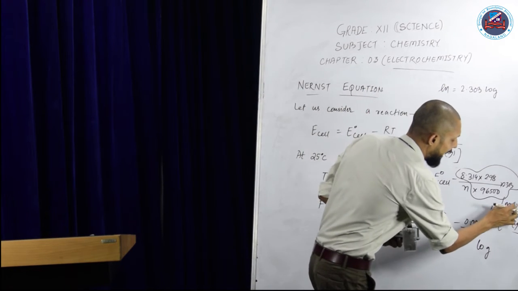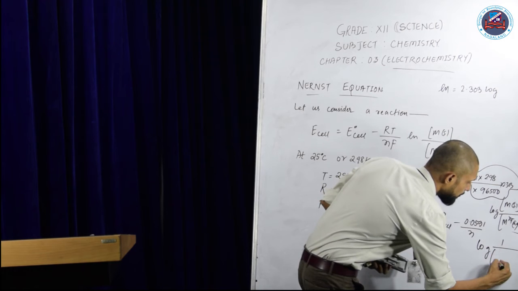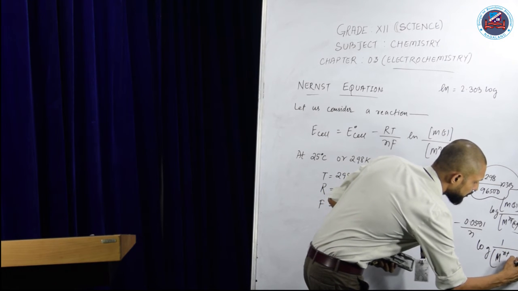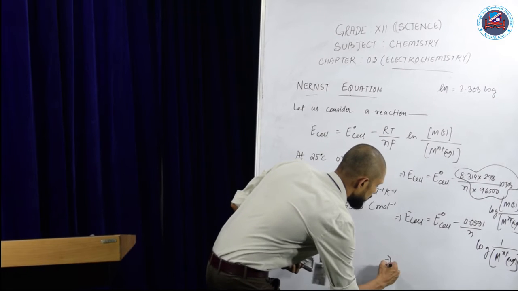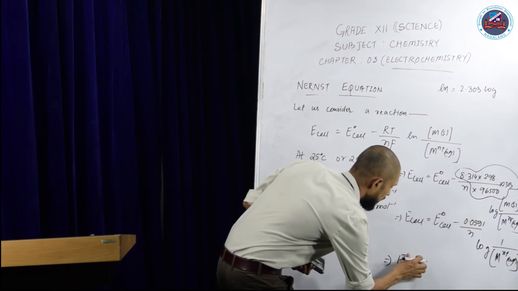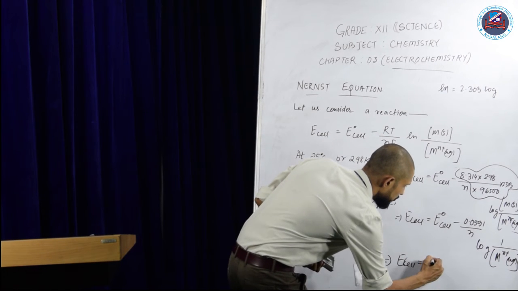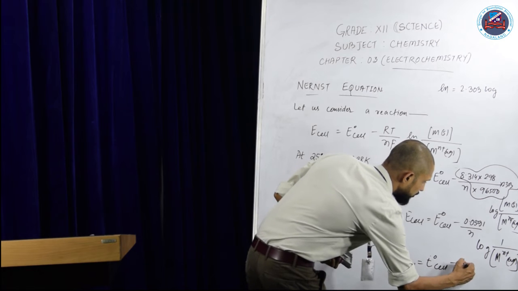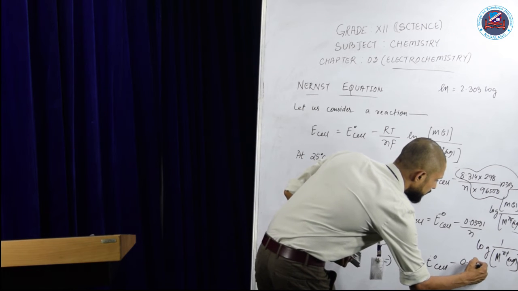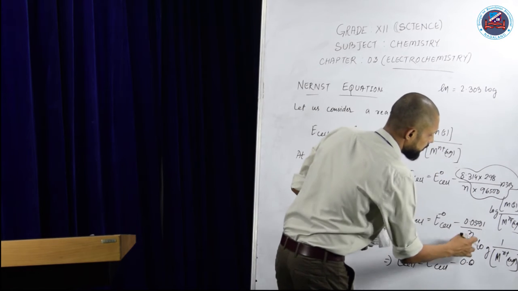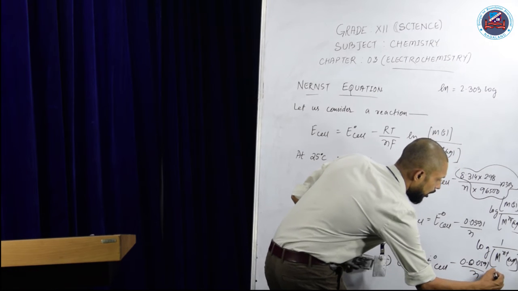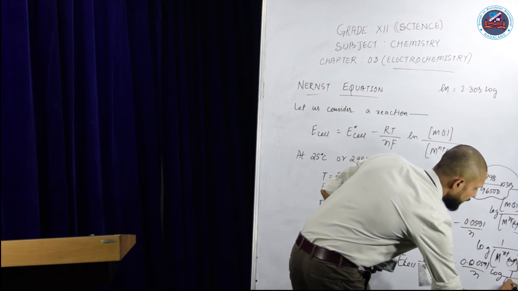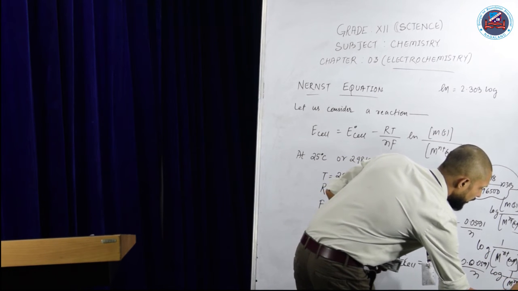So instead of writing M_s, we can write here 1 by M^n+ aqueous. So E cell equal to E naught cell minus 0.0591 by n log of 1 by M^n+ aqueous.